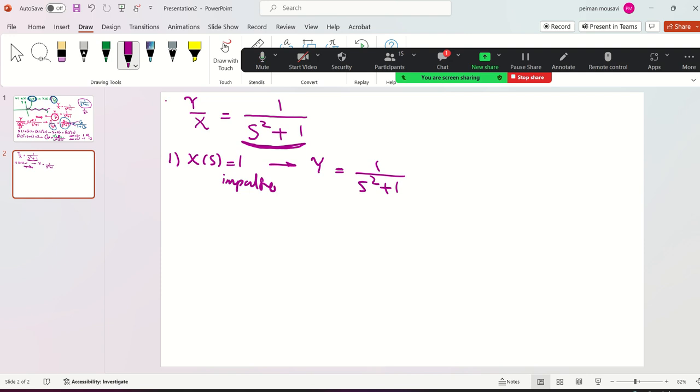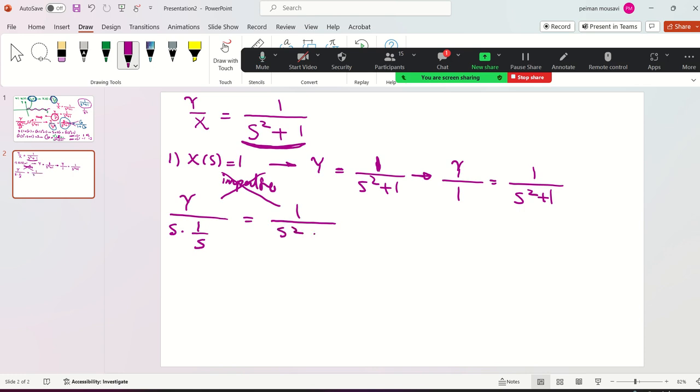The problem is that in MATLAB coding, we do not have an impulse command. What we have to do is easy peasy. Look here. We say Y over 1 is equal to 1 over s squared plus 1. Now you say 1 is s times 1 over s squared plus 1, because 1 over s is gonna be 1, that's right. What is this, guys?